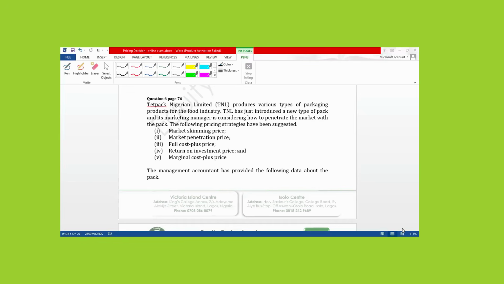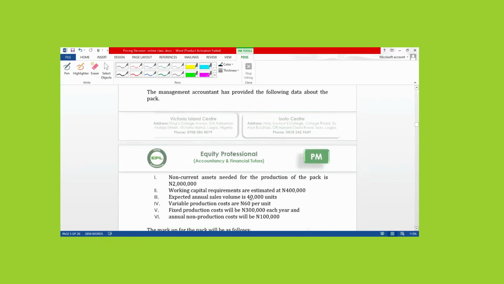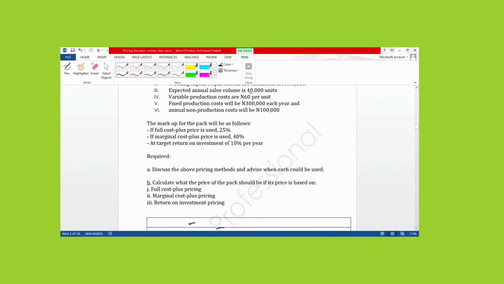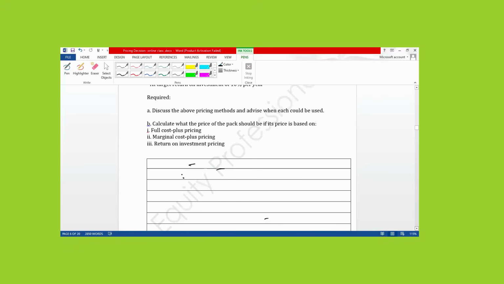All right, we are done with the 10 marks. Let's go to the B part. Look at the B part.